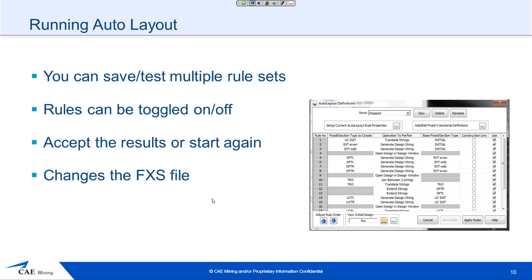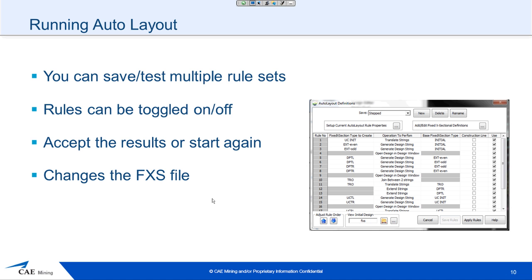So running auto layout, here on the screen you can see some of the activities that we've set up that I'll be showing you today. These are rule sets. You can try different versions of them, modify them, copy them, and certain rules can be toggled on or off.